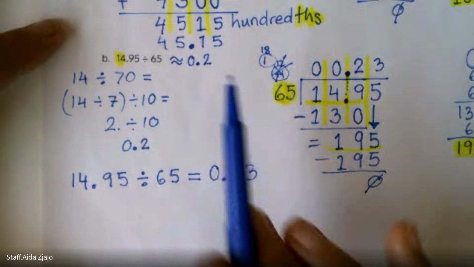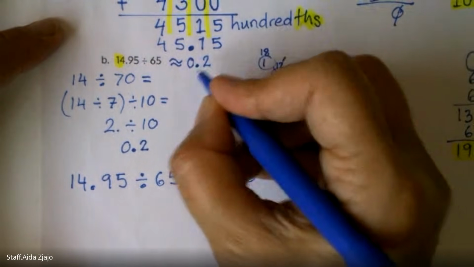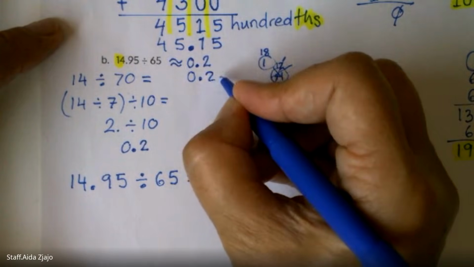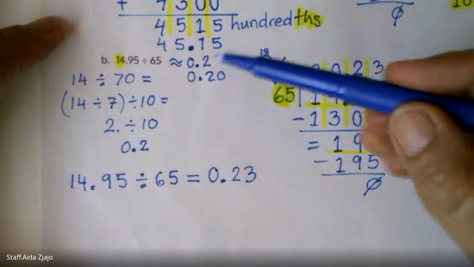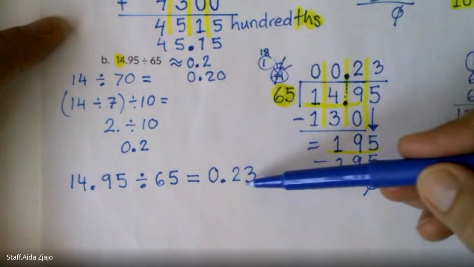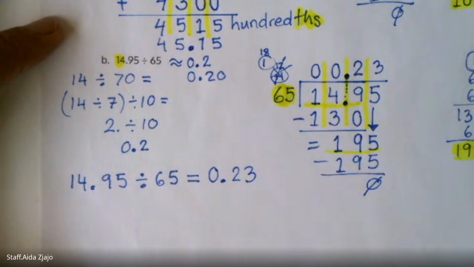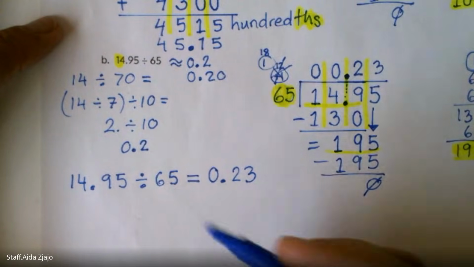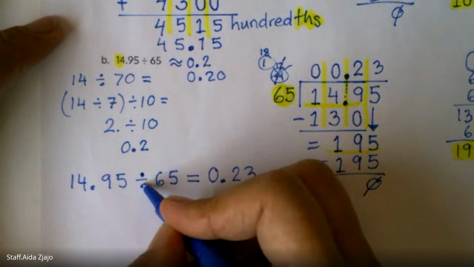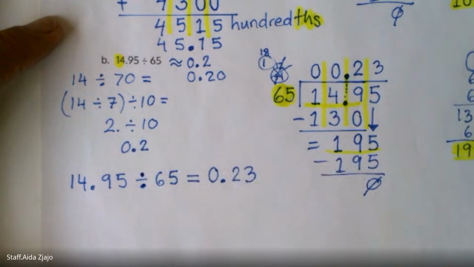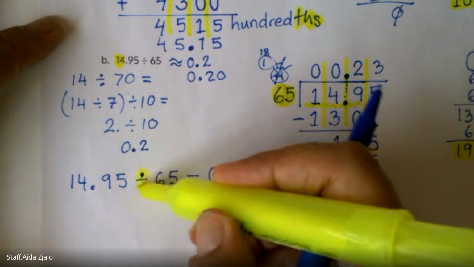Our guess was 0.2 or 0.20. So we were close. 20 hundredths, and the real answer is 23 hundredths. Now we need to check. Remember, when we have division as a problem, our check is multiplication.